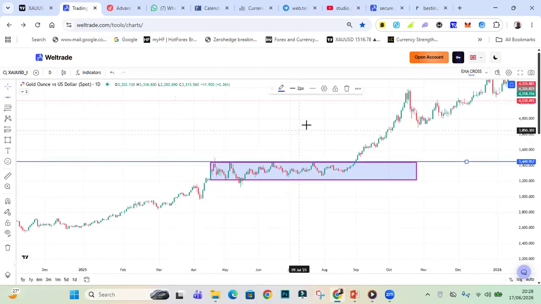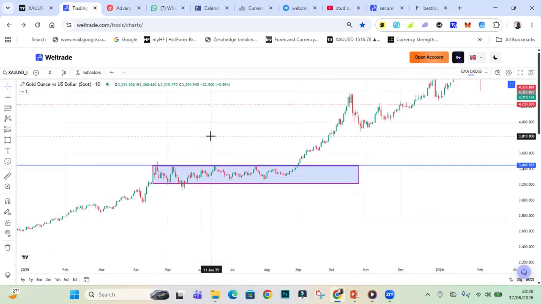Support and resistance is determined by the current market price, where price is at the time, okay? So right now, look at this level. This is a resistance when price was still here.